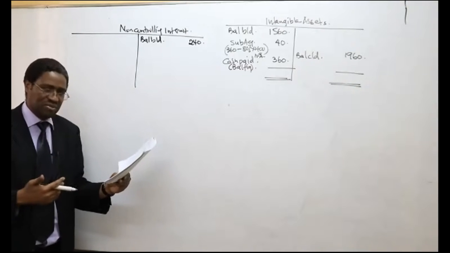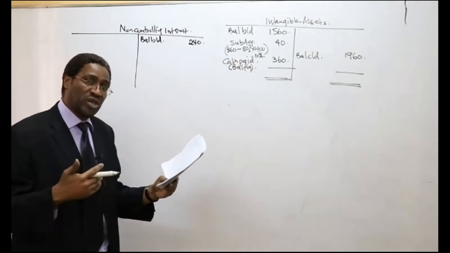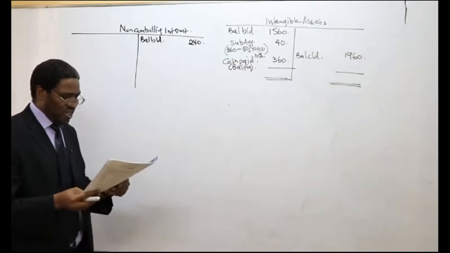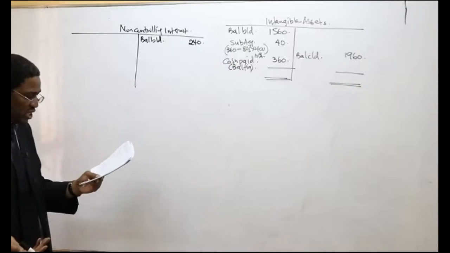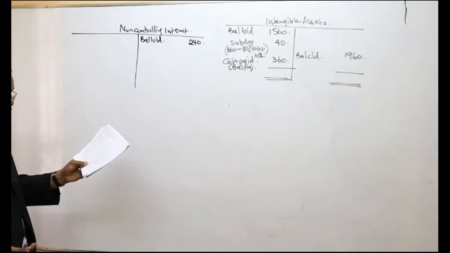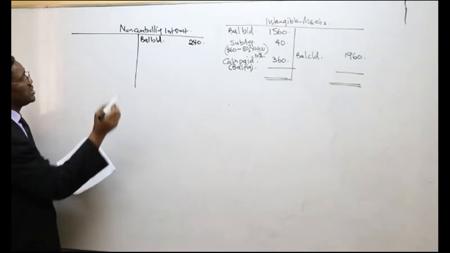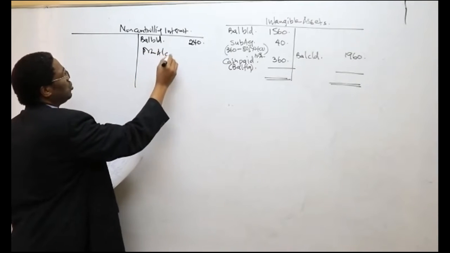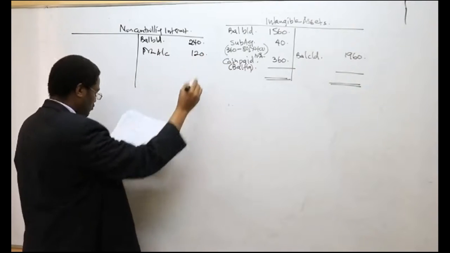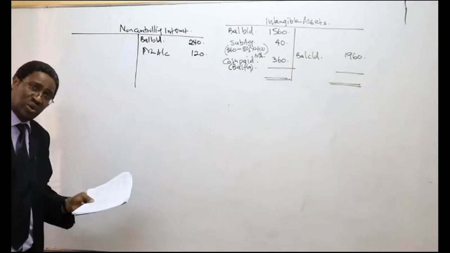From the income statement of the group, they were entitled to a profit share, and we were told their profit share is 120. Because they are entitled to a profit share, we increase what we owe them by 120.